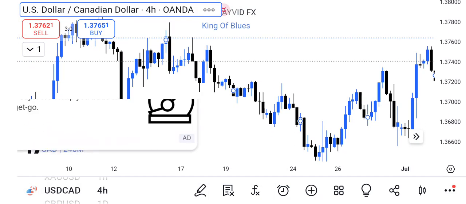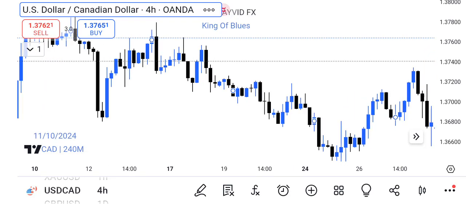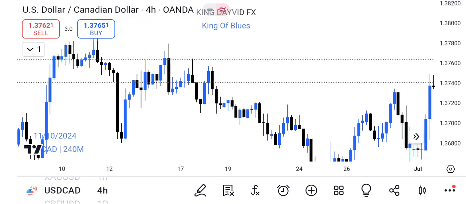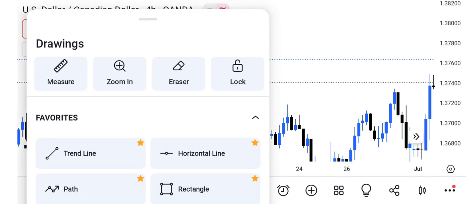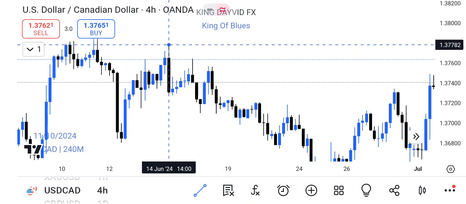The first thing we'll look at is what forms a downward movement, a downtrend, which is lower lows and lower highs. For example, this zone right here is a high.